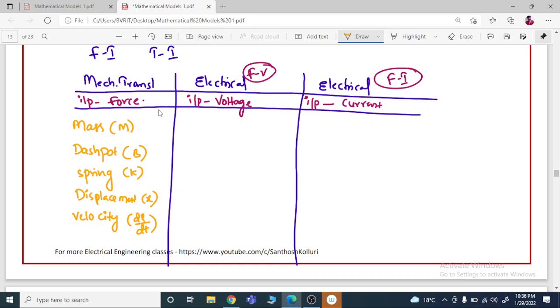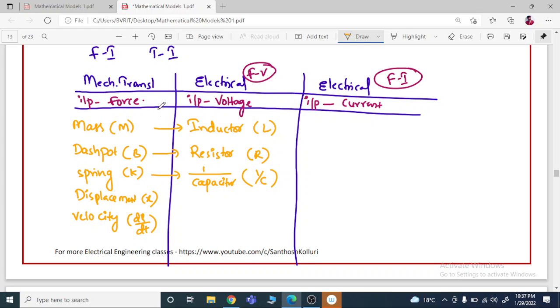So in force voltage analogous, mass can be represented with inductor L, dash pot can be represented with resistor, and spring can be represented with reciprocal of the capacitor, 1 by C. Very important bit for competitive examinations.